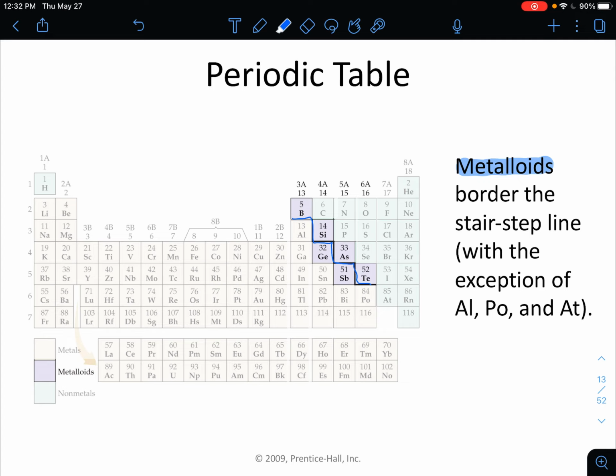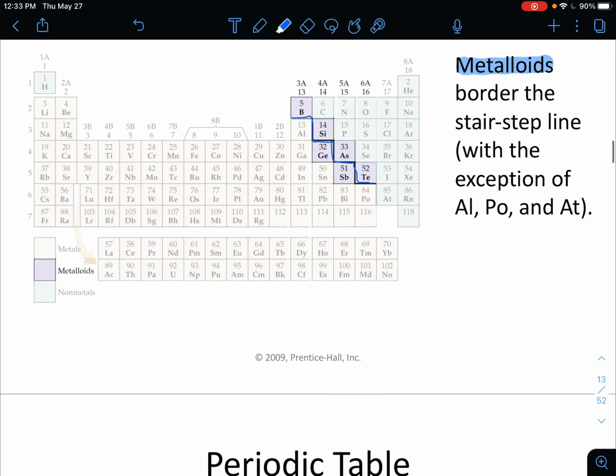If you look at some of these elements, silicon, germanium especially, these are elements that are used heavily in the semiconductor industry because they don't have the full conducting capacities of metals, but they have more controllable conductance, which gives them properties that we're definitely interested in for technological applications.